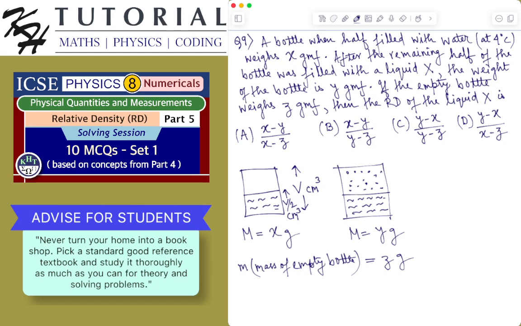In this problem, the alternative formula of relative density will be used.